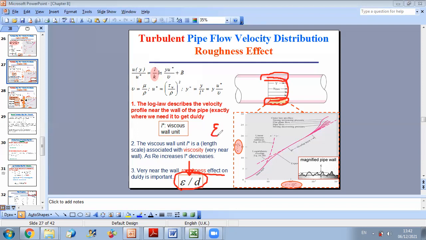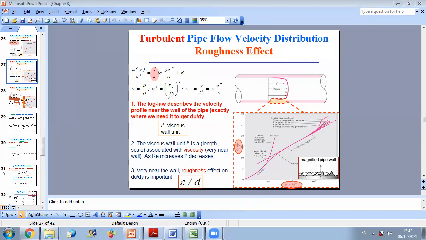We also observed experimentally that the diameter of the pipe affects the result. So you can add a dimensionless number, epsilon over d. Then you can see for different values of epsilon over d how your profile varies. All of this is performed experimentally, and you can draw a different graph for each value of epsilon over d.